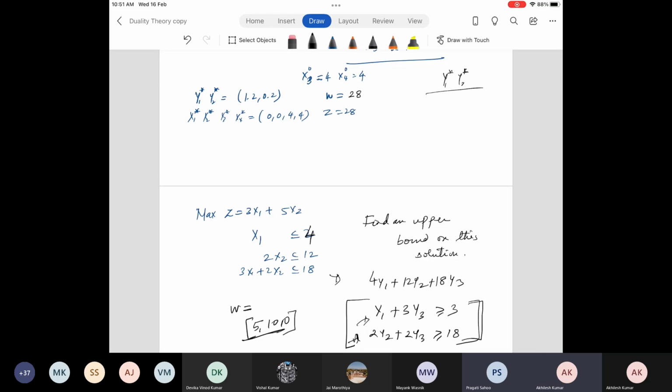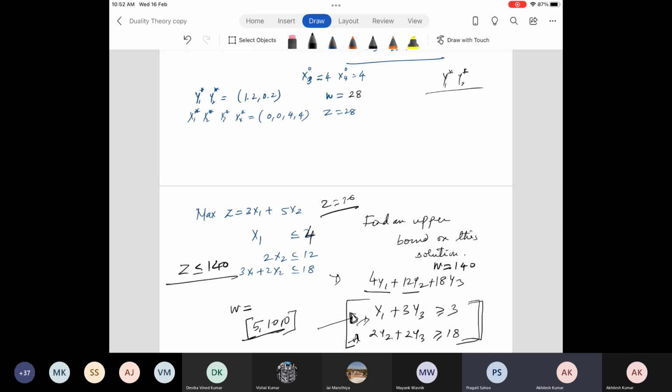So y1 equals to 5, y2 equals to 10, and y3 equals to 0. If you plug in here, what is the value of W? 140. I can always say G is always less than or equal to 140. Is this correct? You already know G equals to 36 in this case at least. So you can put an upper bound on any solution that is known to this problem.